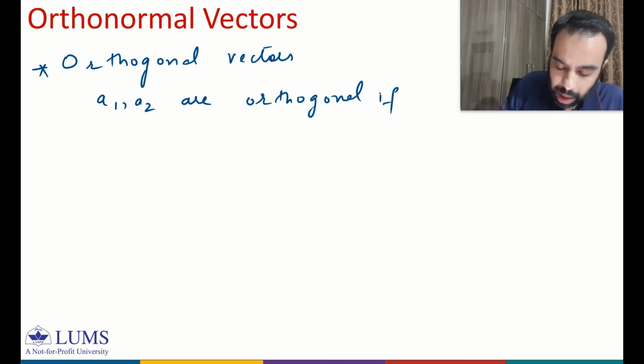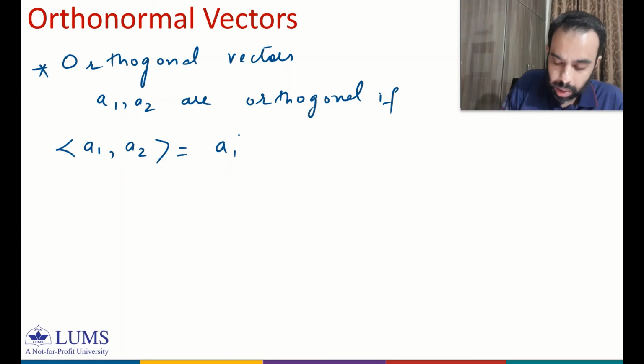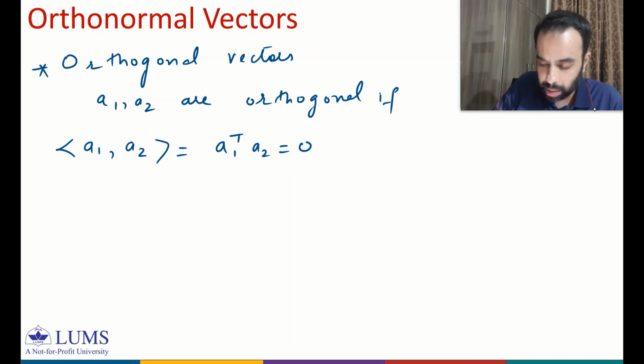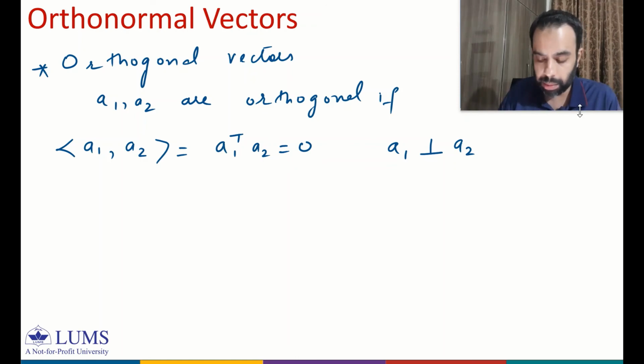That simply means a1 and a2 are not 0, but a1 a2 inner product, that is a1 transpose a2, is equal to 0. This is also written equivalently as a1 is perpendicular to a2, or the angle between a1 and a2 is equal to 90 degrees. So these are two different notations that are used to define orthogonal vectors.